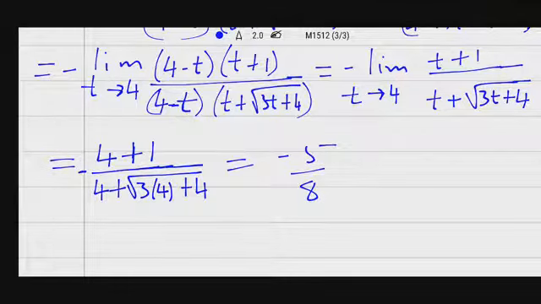So what's the message, the lesson that we have learned today? We have learned that when we have 0 over 0, it's difficult to substitute directly, and you need to do some work first before you do direct substitution.